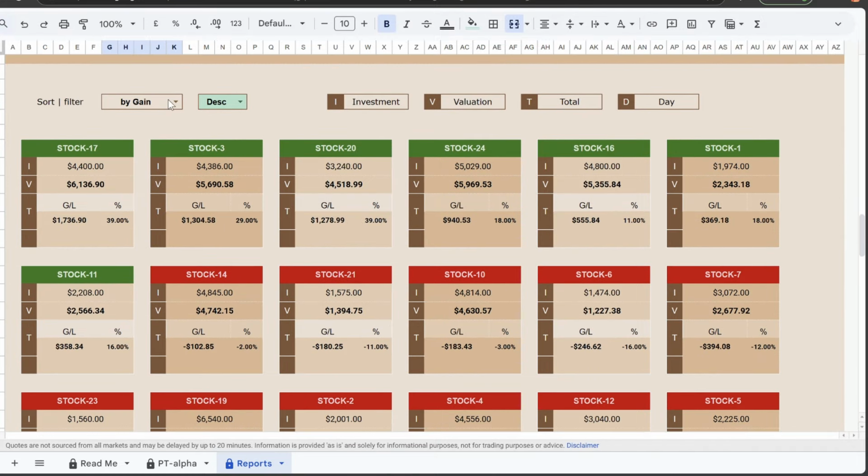Cards are also updated automatically for 25 stocks, and we can apply sort and filter of our choice.